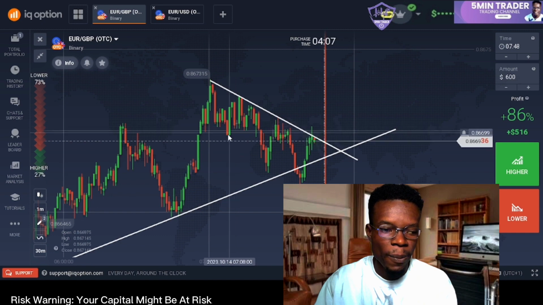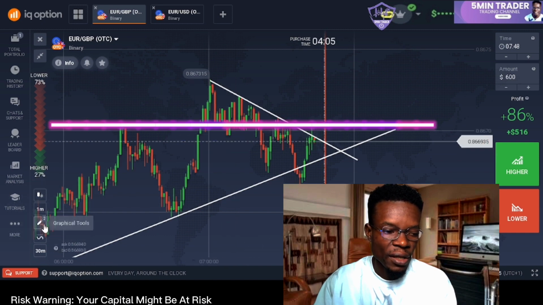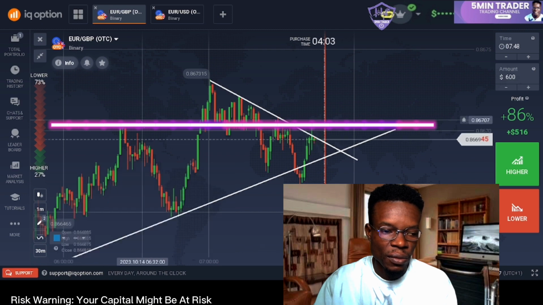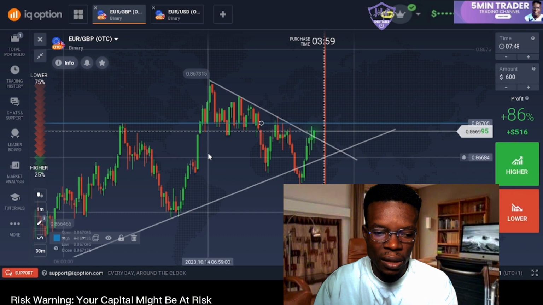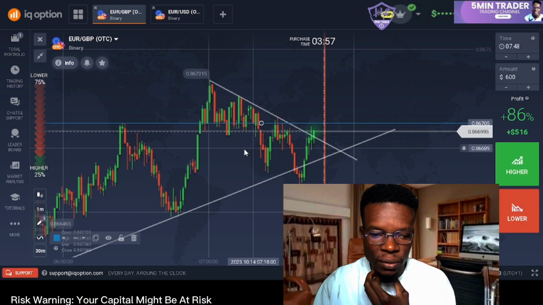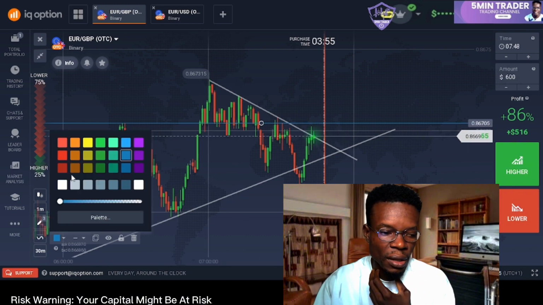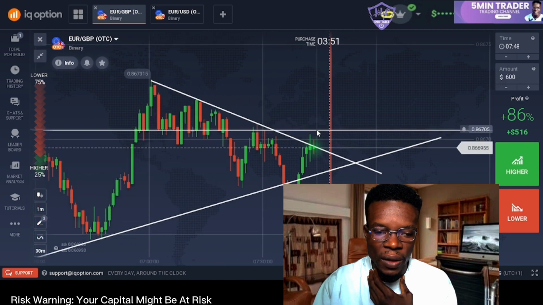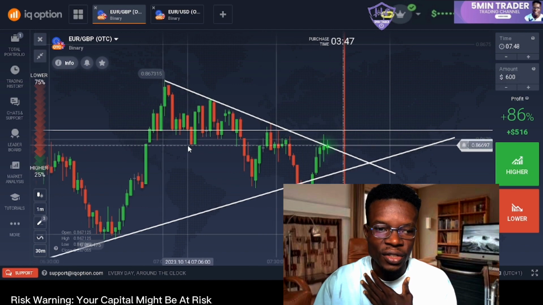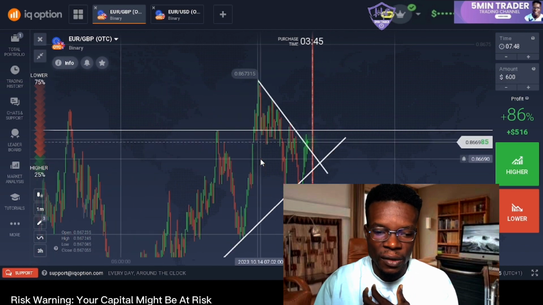Okay, I think this looks like a strong zone, so I'll try to mark it out, and I will want my price to close above it before I place this trade, because this is a zone that has just reversed the price.